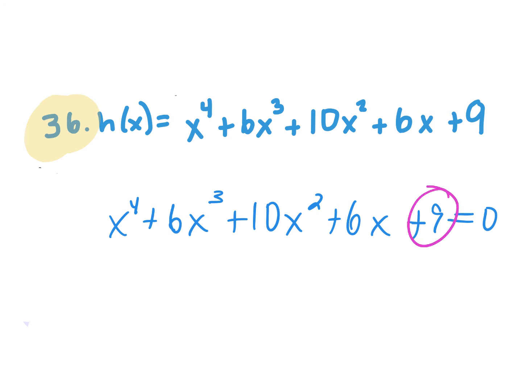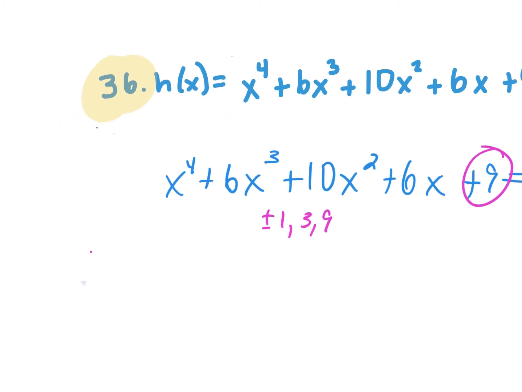So I take that last term of 9, and I say, what times what gives me 9? So 1, 3, and 9, plus or minus. And we have to use what? Synthetic division. So 1, 6, 10, 6, and 9.